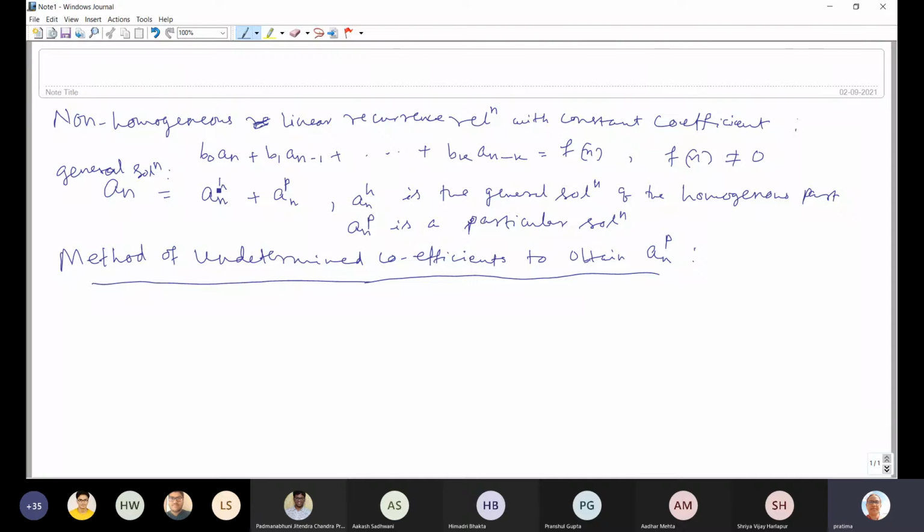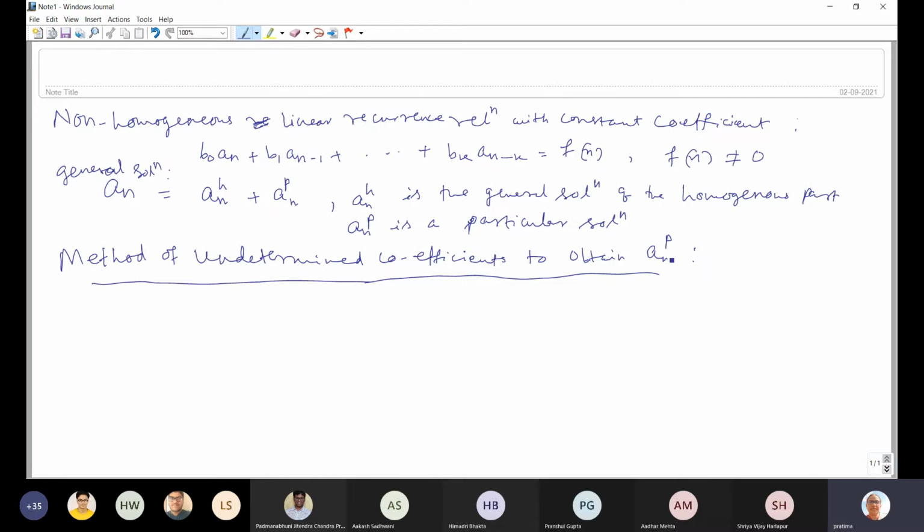Depending on what kind of function f(n) is on the right-hand side, we formulate a particular solution.